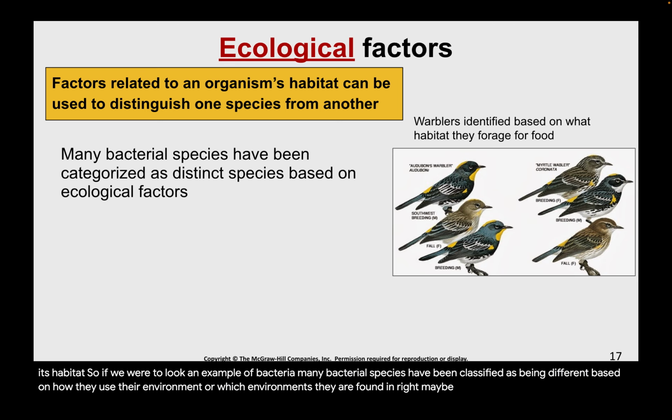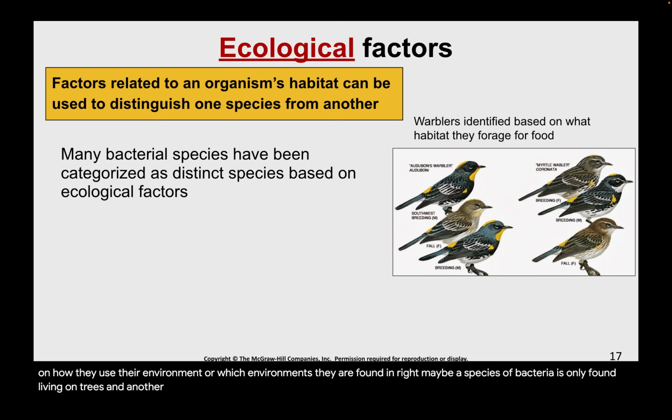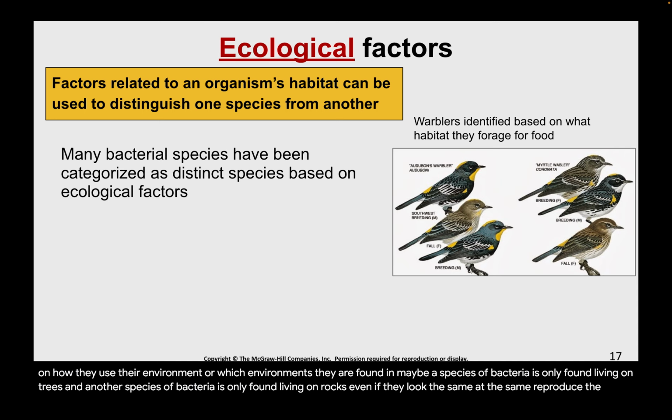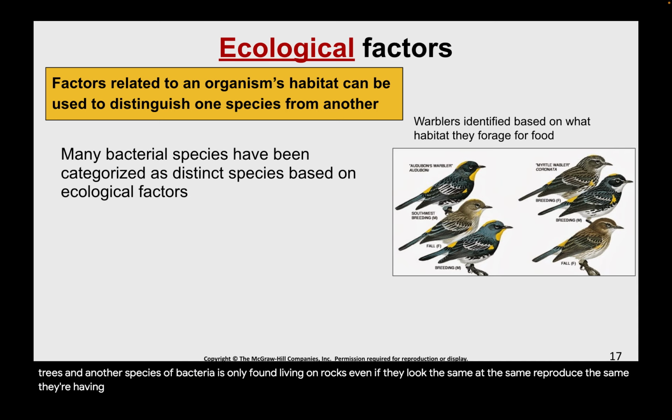Maybe a species of bacteria is only found living on trees, and another species of bacteria is only found living on rocks. Even if they look the same, act the same, reproduce the same, they're inhabiting two completely different environmental areas. We might consider them different just based on this fact alone.